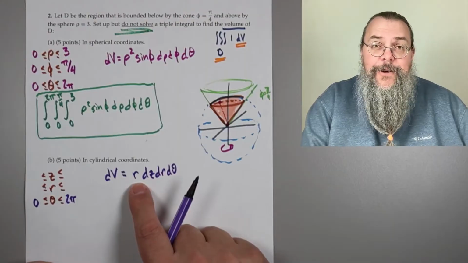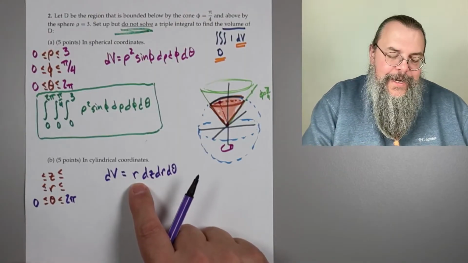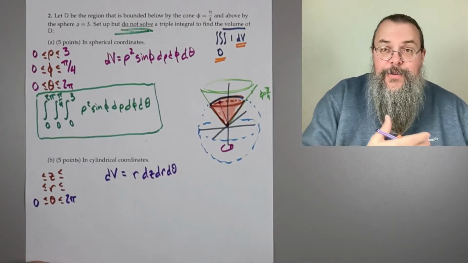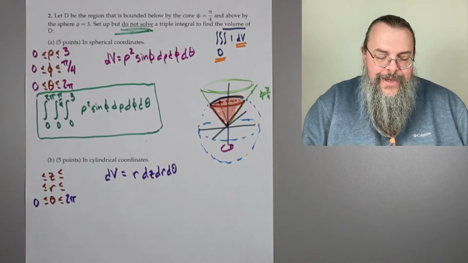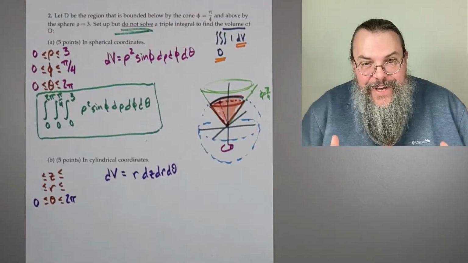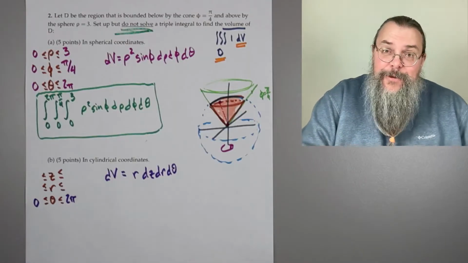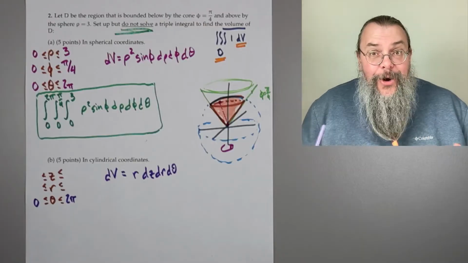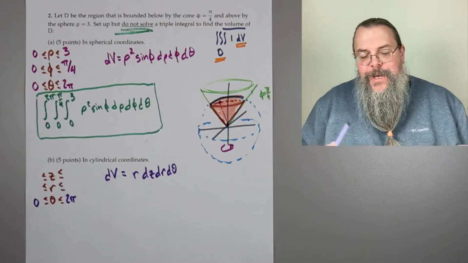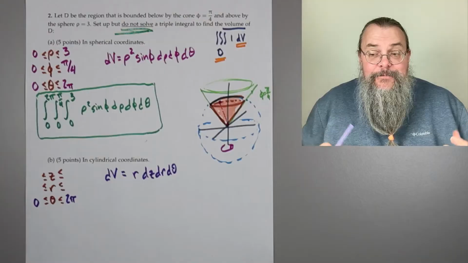So in polar, we'd have r dr d theta. And you should think of cylindrical as polar plus z. And so that's why you have that little extra piece. So what's left? We need to get our bounds for z and r. And once we have that, we're good to go. We'll be solid. All right, so how do we find it?